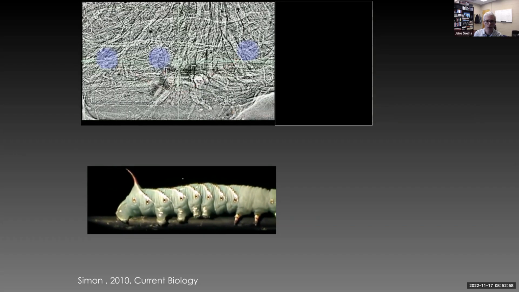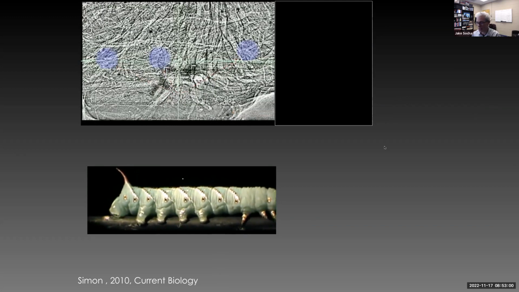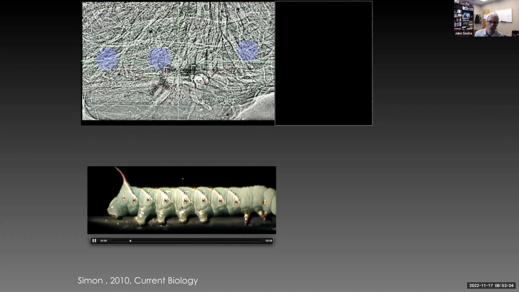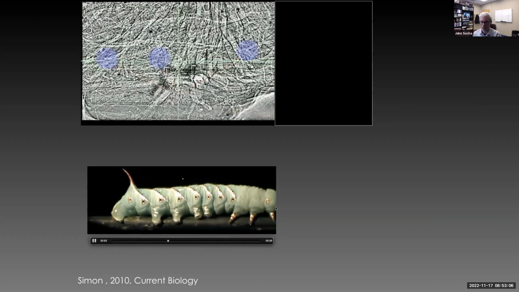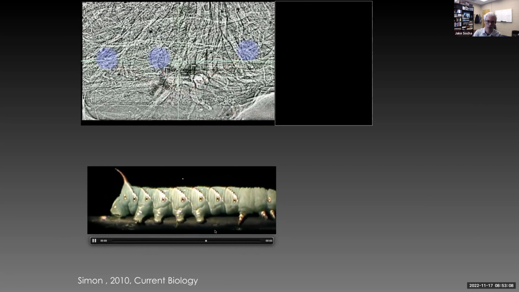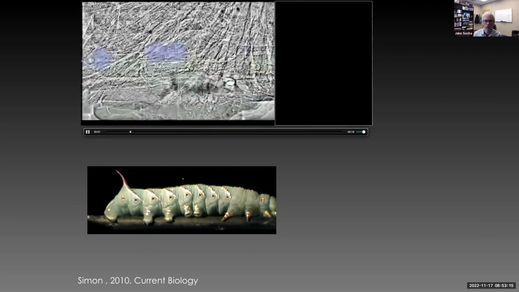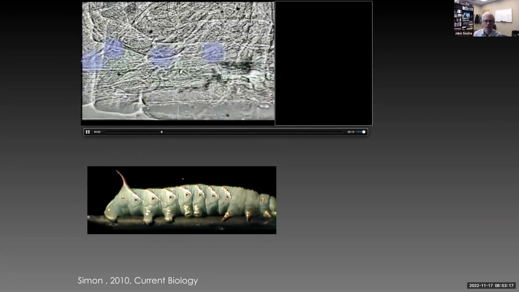This was from a study. The advantage of this technique is you see things inside that you can't see from outside, right? So here's our opaque caterpillar, and it's on a little treadmill here. What you can see that's cool is on the inside, we have tracheal tubes that are whooshing by as the animal is moving.